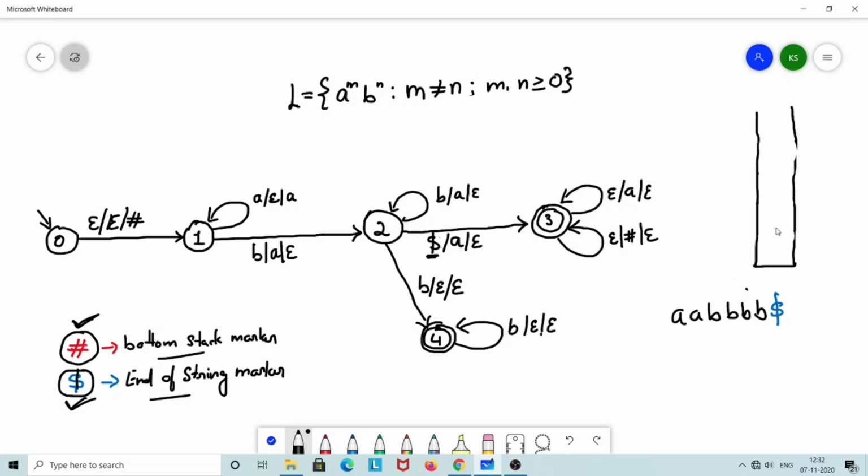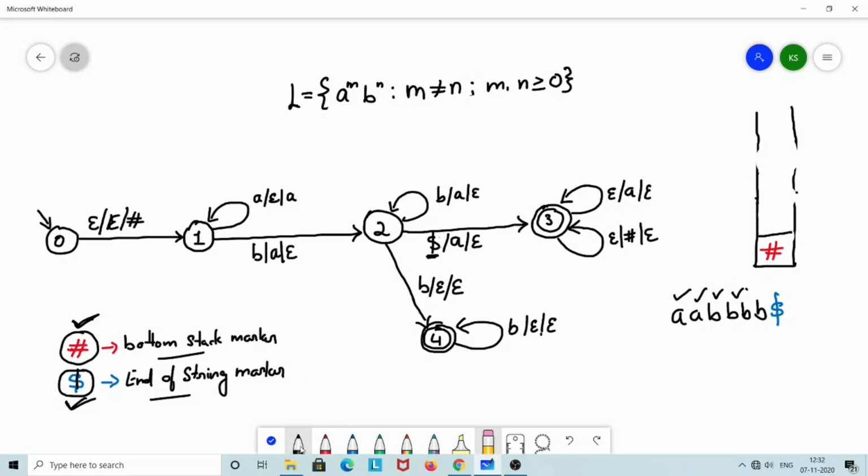Initially we push hash onto the stack and make a transition to state 1. Now in state 1, when I encounter A, I push A onto the stack, and for the second A, again I perform the push operation. Now when I start encountering B, I'll go to state 2 and perform a pop operation, so these 2 A's will be popped out.